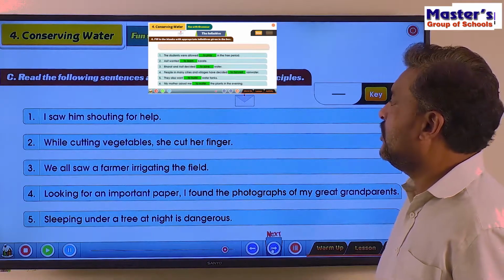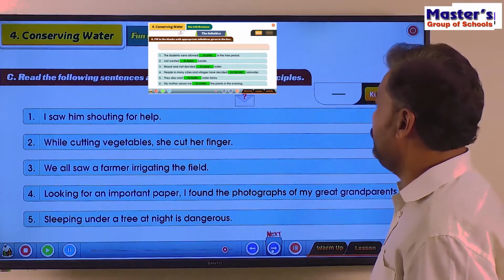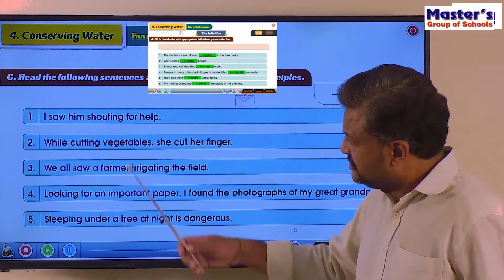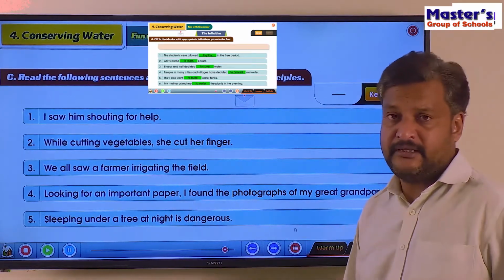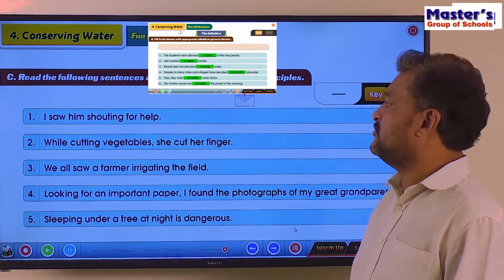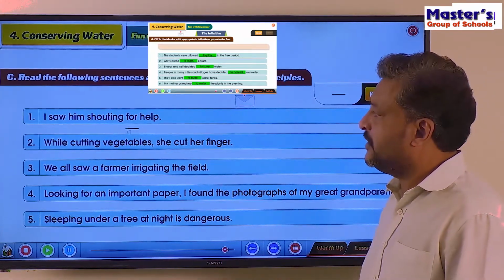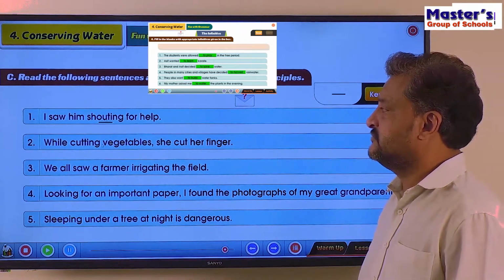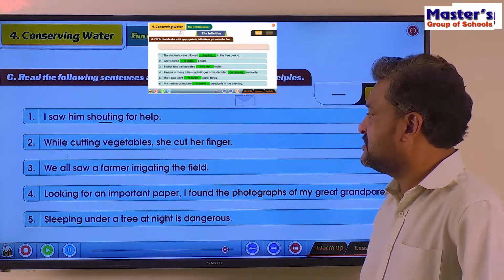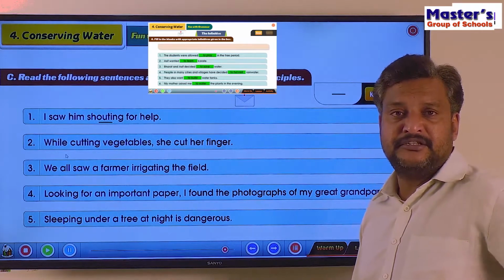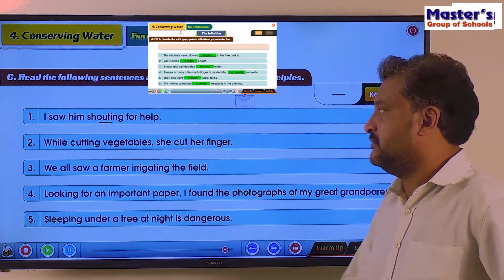Right? So I saw him shouting for help. So what is the ing form of the verb there? Shout, shouting, isn't it? And that is a present participle form. So what should we do? We need to take a line from here and keep under shouting. While cutting vegetables, she cut her finger. So what is the present participle there? The ing form of the verb, cutting.